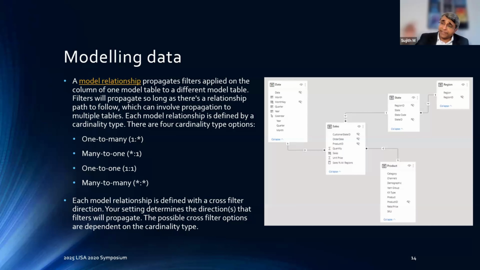In the figure here, if you want to aggregate sales by state, it is possible. For every state, you can find the total sales number, or for every product, you can have the total sales number. So that is a 1:many relationship between a product table and a sales table.